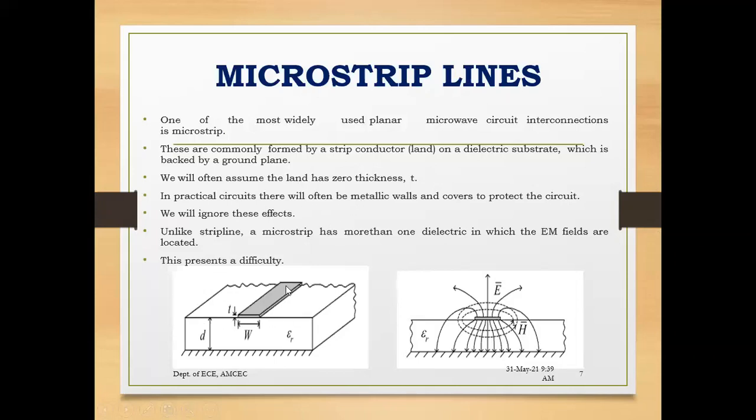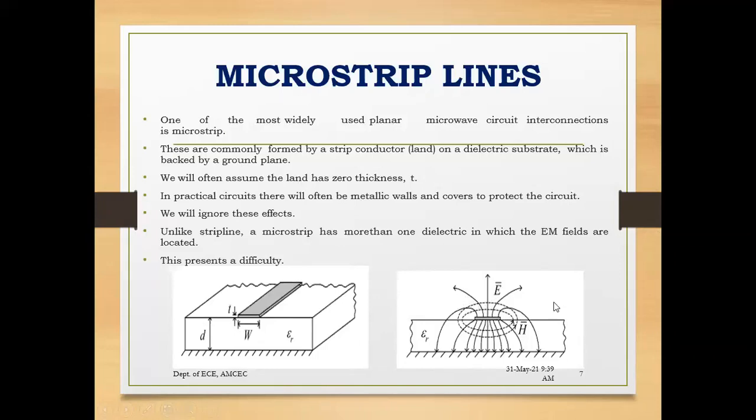So the figure is similar for all the strip lines. You will have a substrate, a ground plane, and a strip. You can see in this figure what exactly is the strip on the substrate with width W, T, D, as well as epsilon R. Now here, the electric fields are located in such a way that they come out of your circuit.